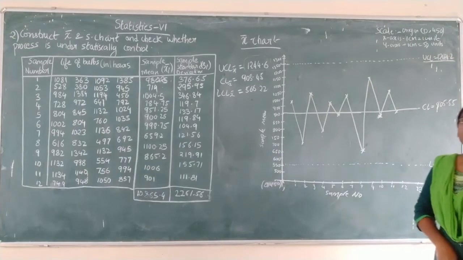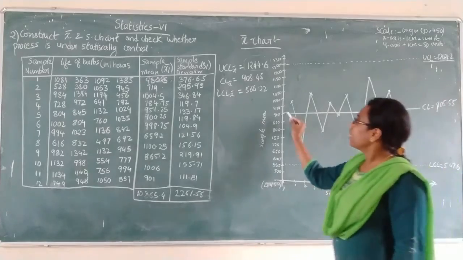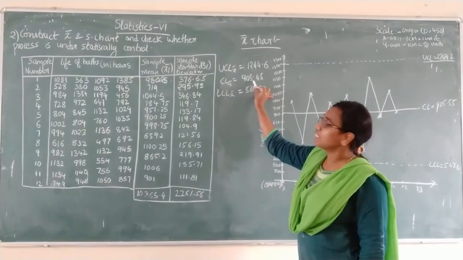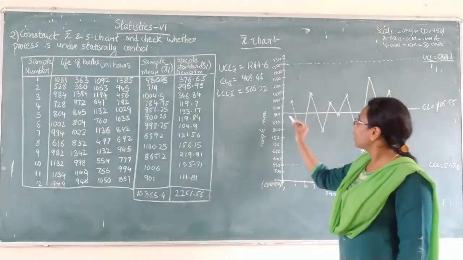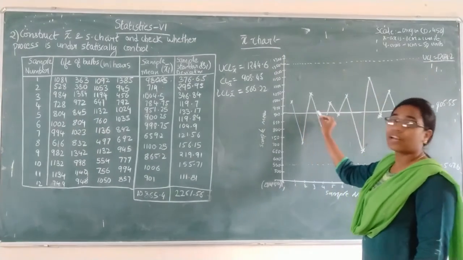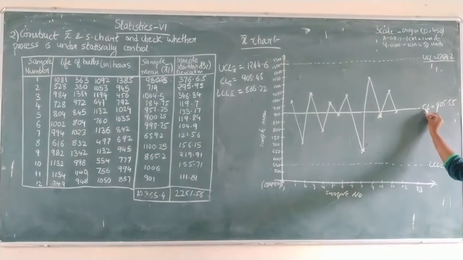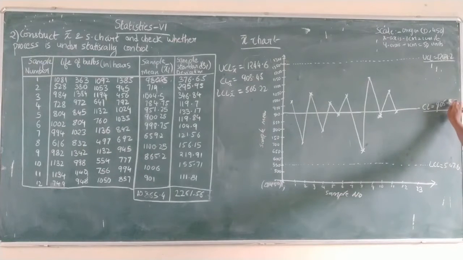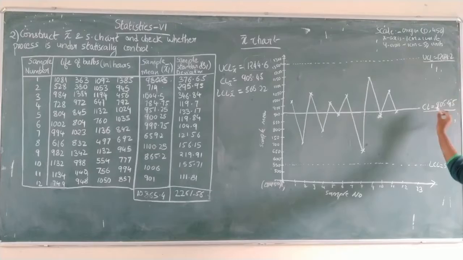So this is the UCL. Next CL, what is the CL value? 905, that is near to 900. You draw a dark horizontal line and write here CL equals 905.45. So this is the CL.